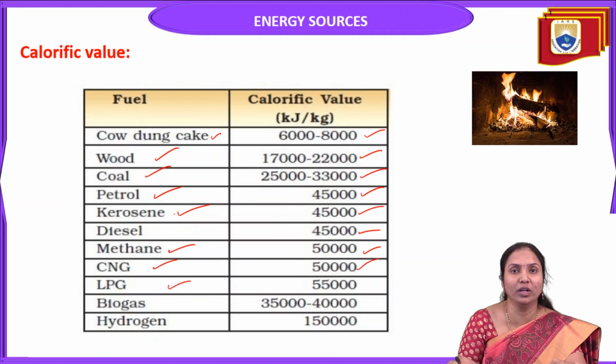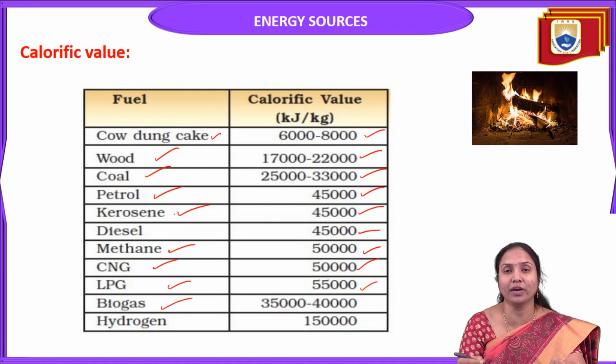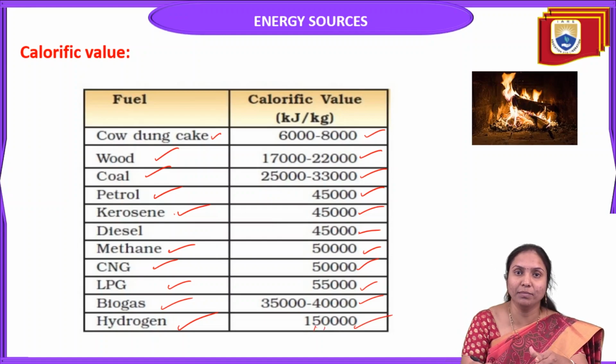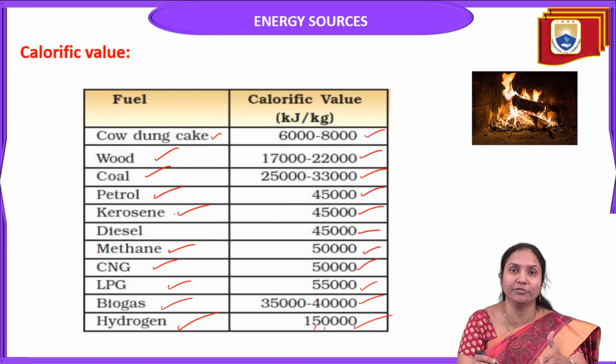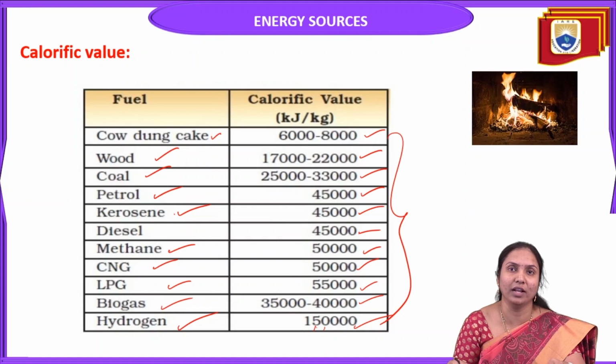LPG, liquefied petroleum gas, has a calorific value of 55,000. Biogas has 35,000 to 40,000. And hydrogen produces 1,50,000. So if these fuels are burned in the presence of oxygen, they produce these calorific values.